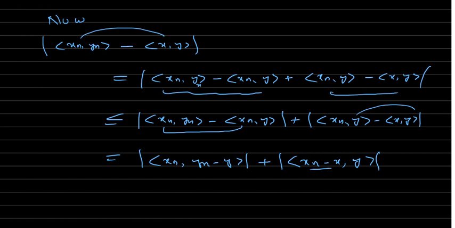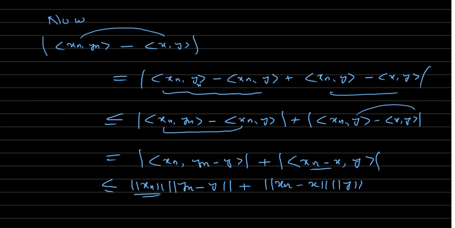Now you apply Schwarz's inequality, or the inequality that you have already proved in the first part, which is less or equal to norm of xn and norm of yn minus y, plus this one, it's less or equal to norm of xn minus x, and then norm of y, and this is less or equal to m, so it's less or equal to capital M, and then norm of yn minus y, plus norm of xn minus x times norm of y.